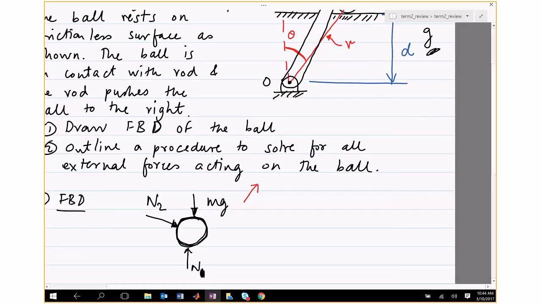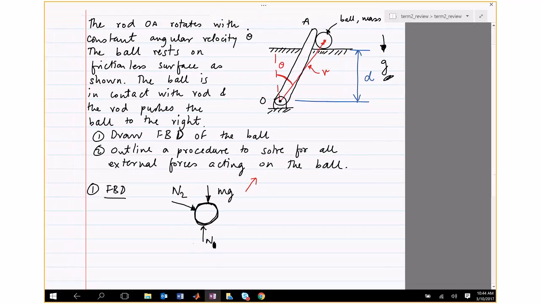So this vector, this line here, is along the r direction, and I'll call it ur, and u theta is going to be in the direction in which theta is increasing. So theta is increasing in this direction, right? So u theta.